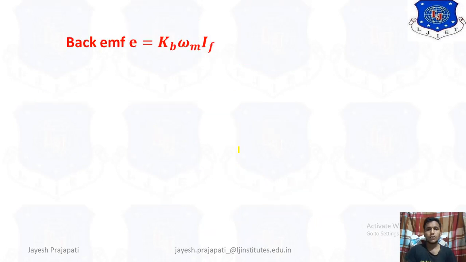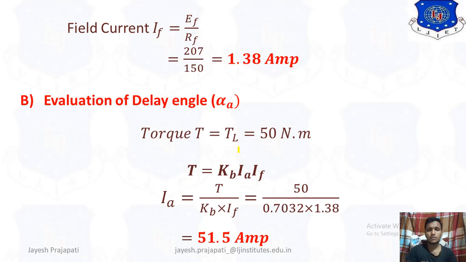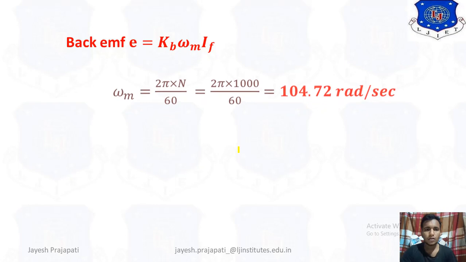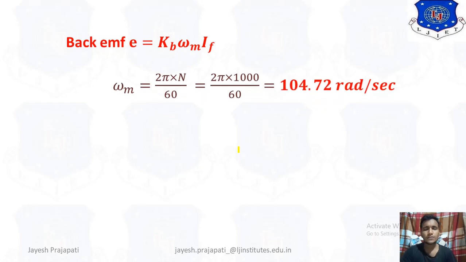Now we have to discuss the delay angle. The back EMF equation is E equal to KB into omega m into IF. That is the equation of back EMF, the induced EMF. Then the angular speed omega m is equal to 2 pi n divided by 60, that is 2 pi into 1000, the speed n in RPM given in the example, divided by 60.